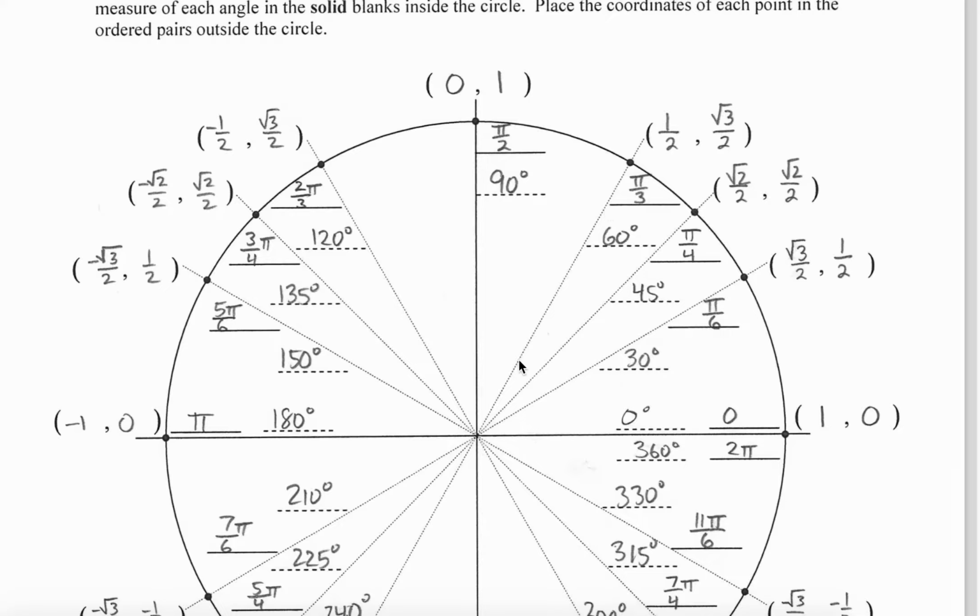So we still have a 30, 60, 90. Its side lengths just got flipped, so these coordinates are just going to get flipped. These are essentially the 3 different coordinates that are going to repeat all the way around the circle. We have 1/2, we have the square root of 3 over 2, and the square root of 2 over 2.